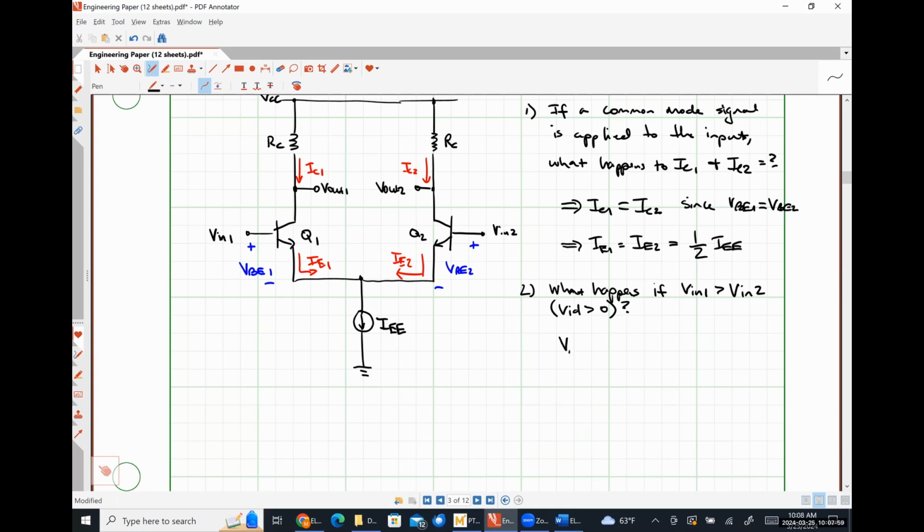So VBE1 would be greater than VBE2, which in turn means that IC1 would be greater than IC2.